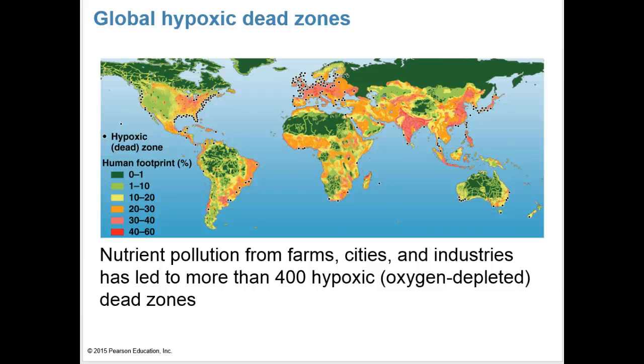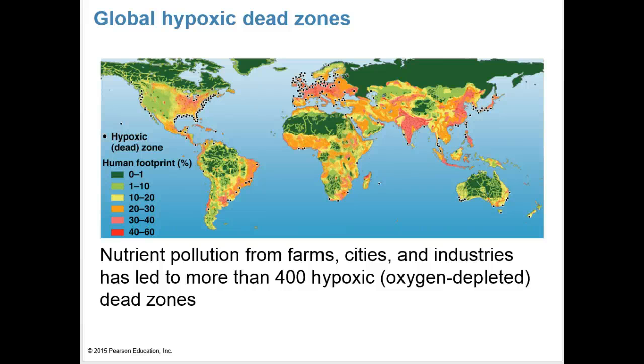Nutrient pollution has led to more than 400 documented hypoxic dead zones, including one that actually forms nearby us at the mouth of the Mississippi River each year. The increase in the number of dead zones, there were actually 162 documented in the 1980s and only 49 in the 1960s, reflects how human activities are changing the chemistry of waters around the world.